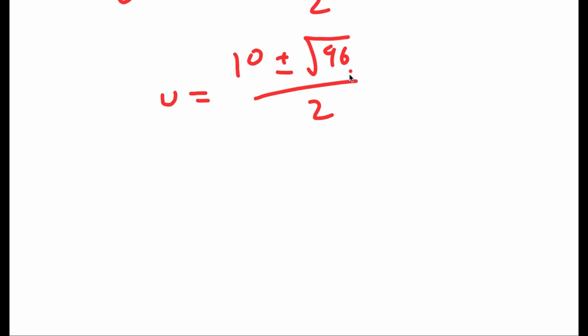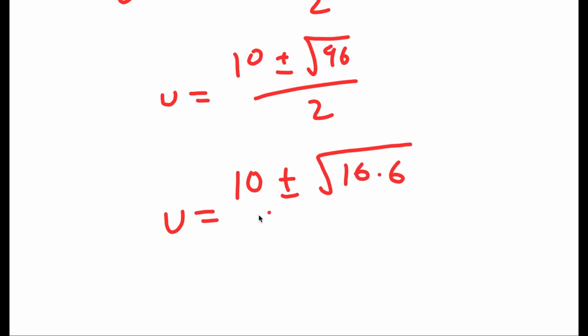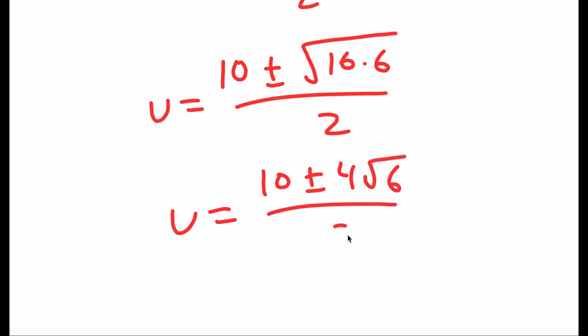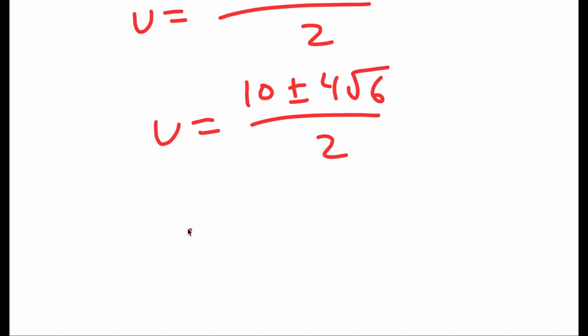So now from here, I'm going to simplify the square root of 96. So I'm going to rewrite it as the square root of 16 times 6. That way, the square root of 16 is 4, so I get 10 plus or minus 4 root 6 over 2. And if I divide both these terms by 2, I get 5 plus or minus 2 root 6.